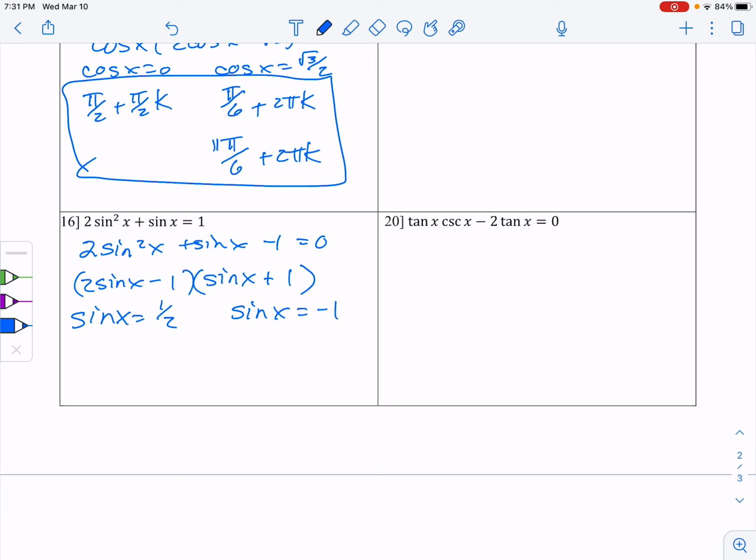The sine of x equals 1/2 at pi over 6 and 5 pi over 6. And you have to go all the way around the circle to get back to it. And the sine equals negative 1 only at 3 pi over 2. So you'd have to add 2 pi k to that also. So don't forget.